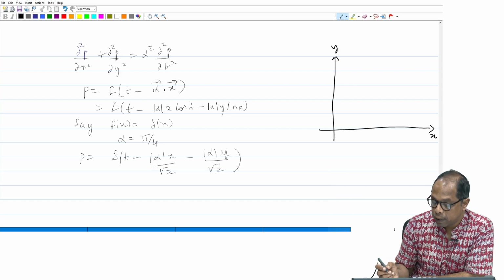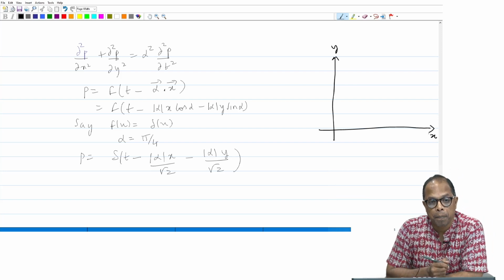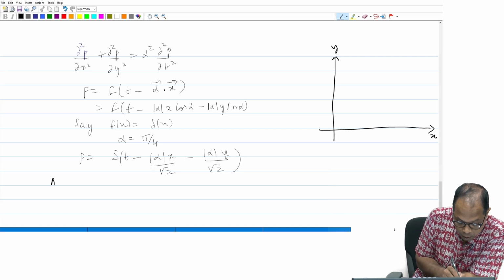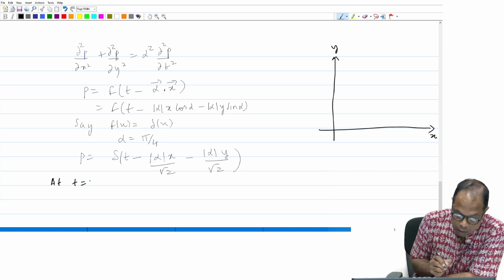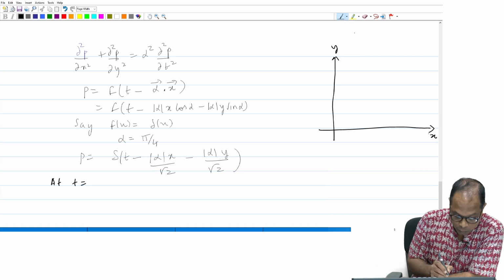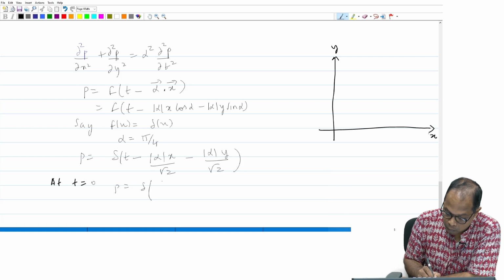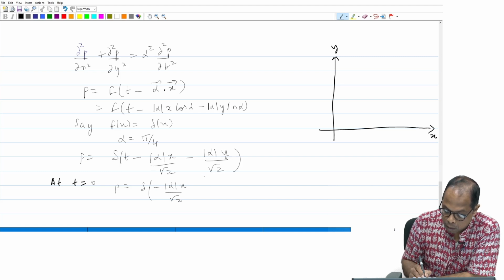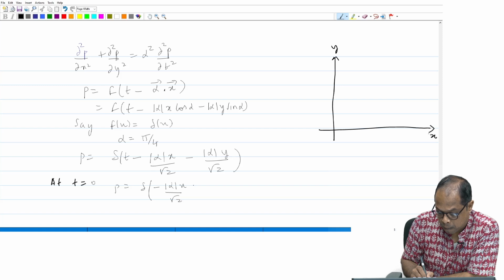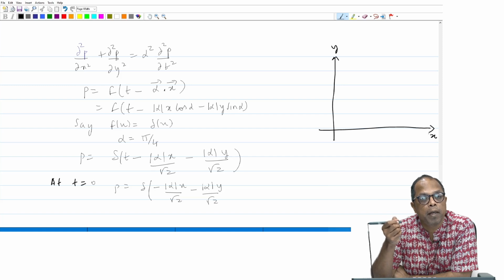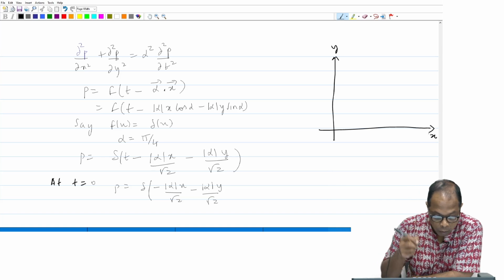Now let us say at t equals 0. Now if I did the same approach and if I were to plot the position of my impulse along different points of the xy plane, what would it be at t equal to 0?